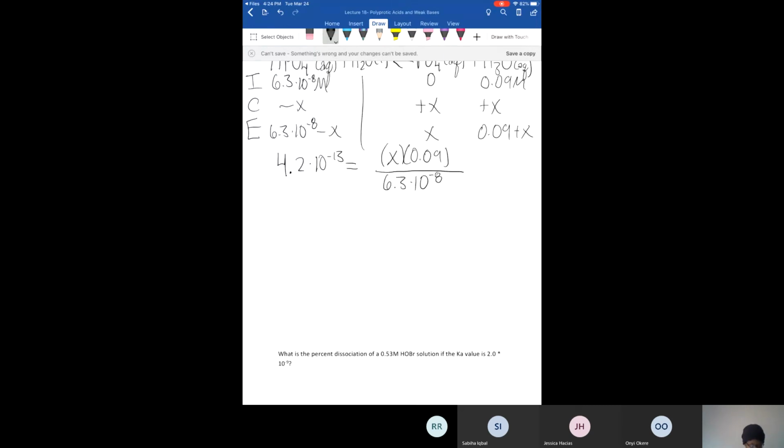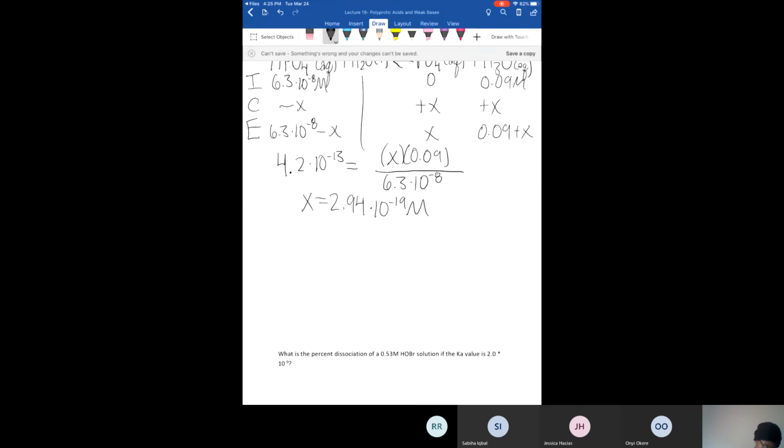So now to solve, you have 4.2 times 10 to the negative 13 times 6.3 times 10 to the negative 8 divided by 0.09. So x equals 2.94 times 10 to the negative 19 molar.